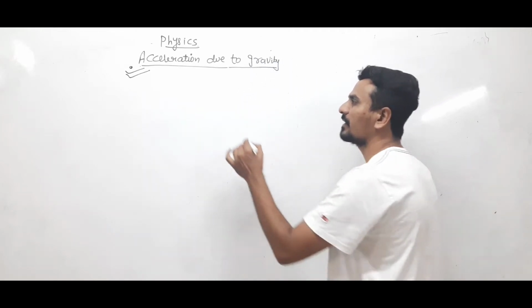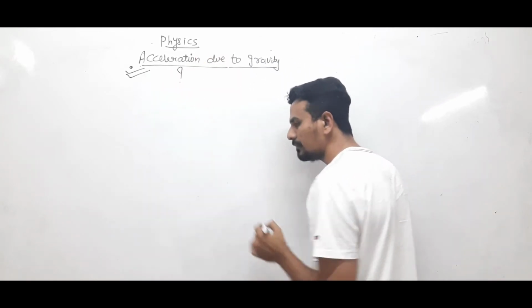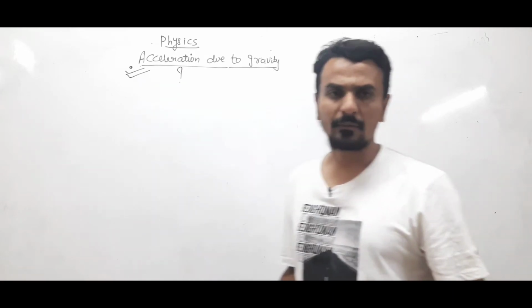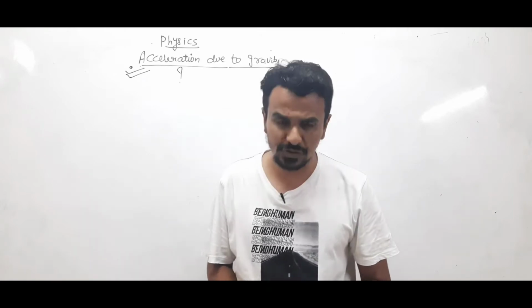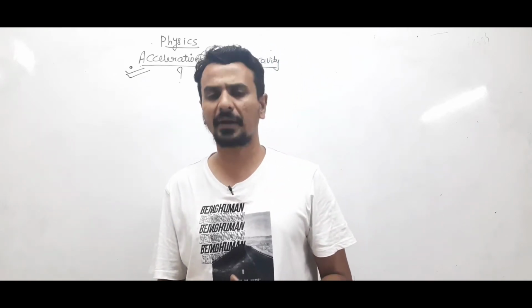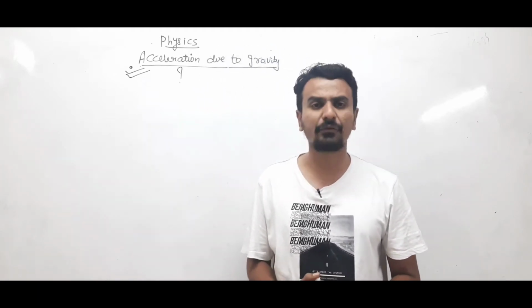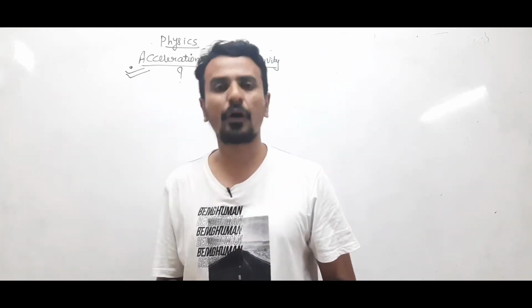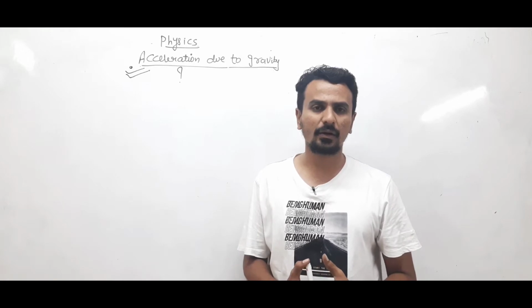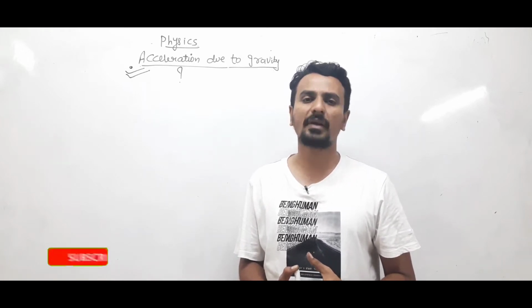First of all, what is acceleration due to gravity? When any object performs the motion under the influence of gravitational force, then the acceleration developed in the body is known as acceleration due to gravity.